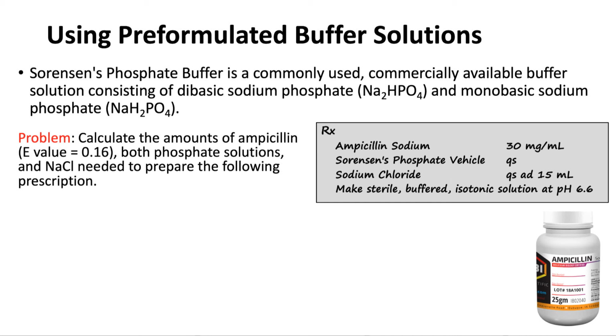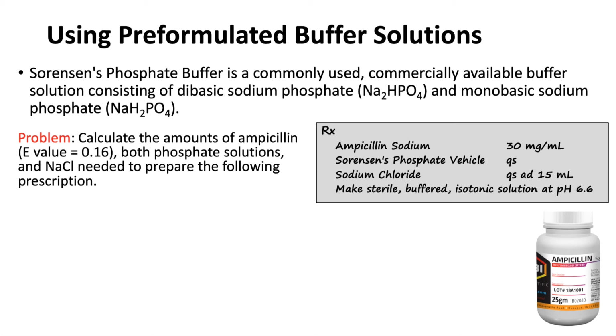And that is exactly why all of this content has been grouped together into this one lecture, this whole topic over Chapter 11: for isotonic or IV solutions or ophthalmic solutions, we often need to make them not only sterile, but buffered and isotonic. So that's what we're trying to do here in this prescription. So where do you start? There's a lot of stuff going on here.